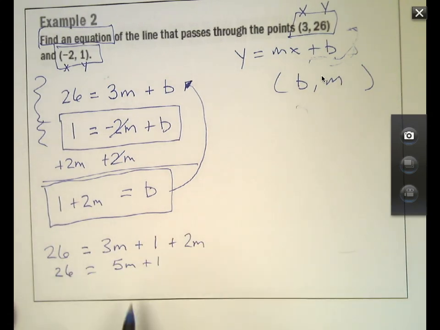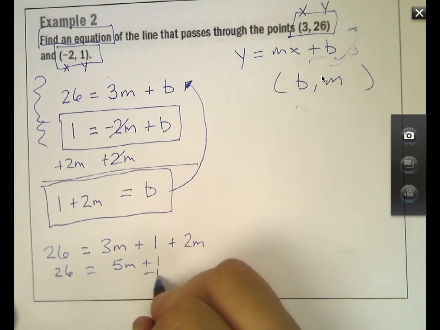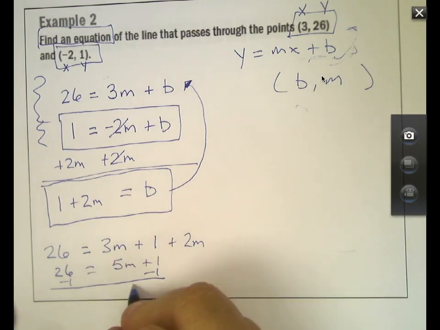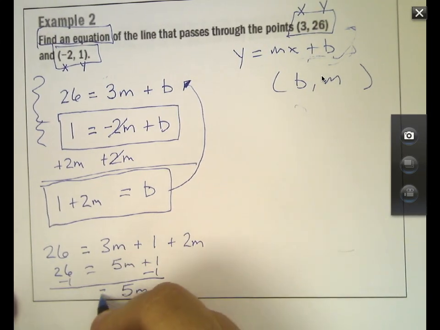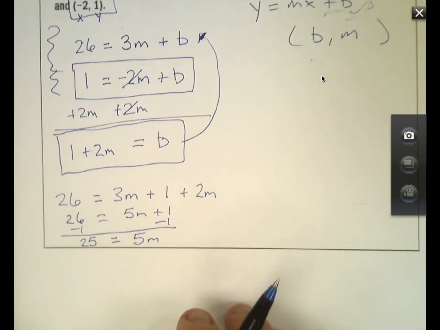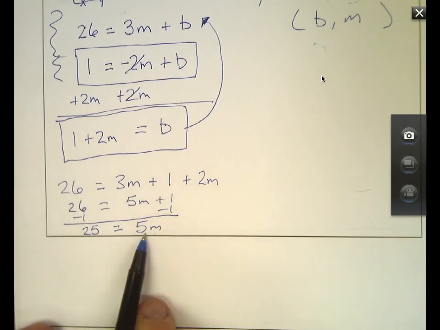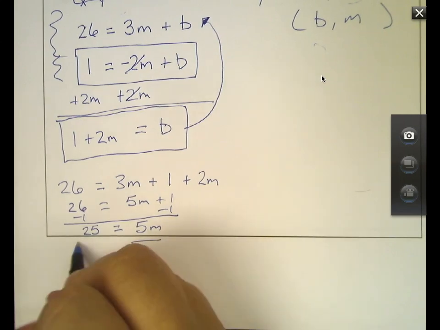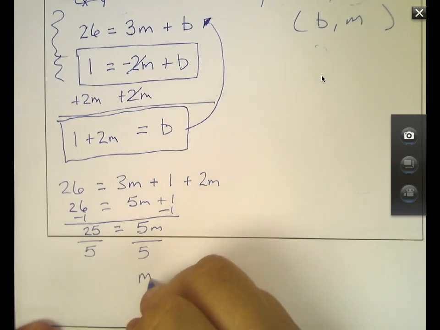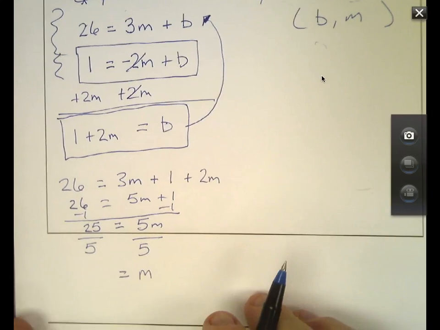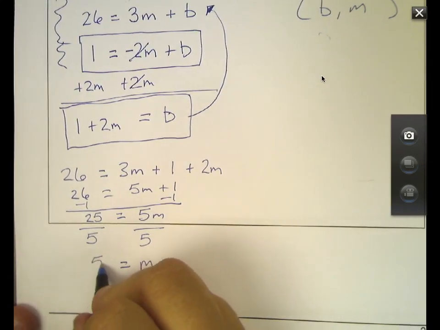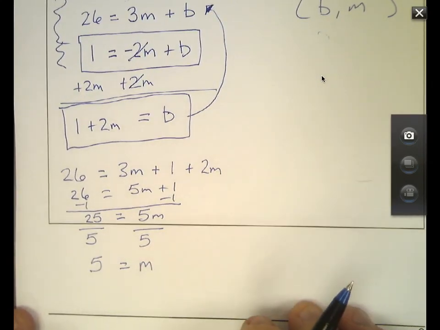Okay? And now this just looks like regular algebra. The inverse of adding 1, subtracting 1. 5m equals 25. Inverse operations. The inverse of multiplying is division. M equals 5. Okay? So I found my M.